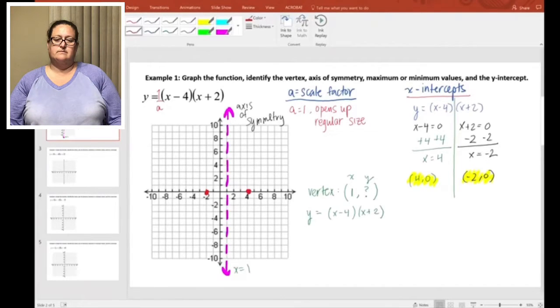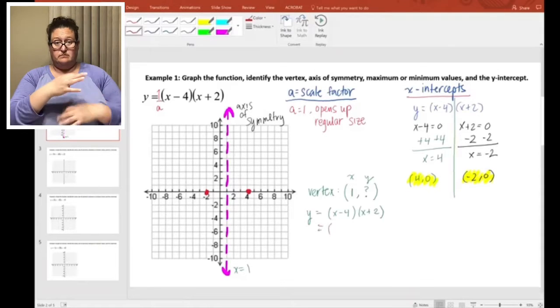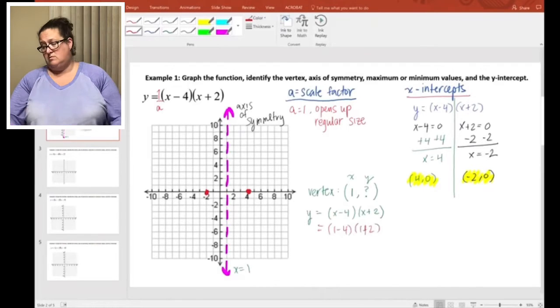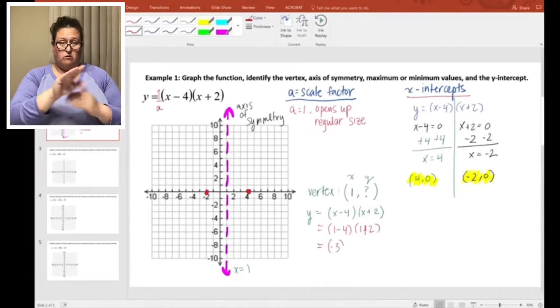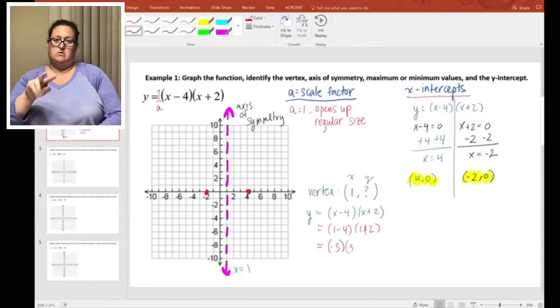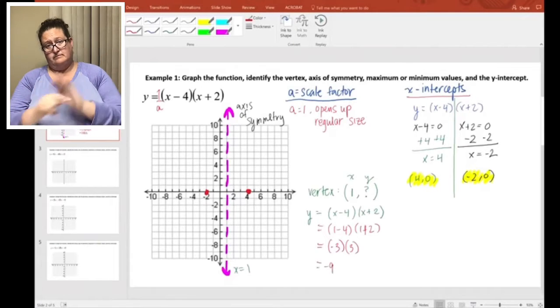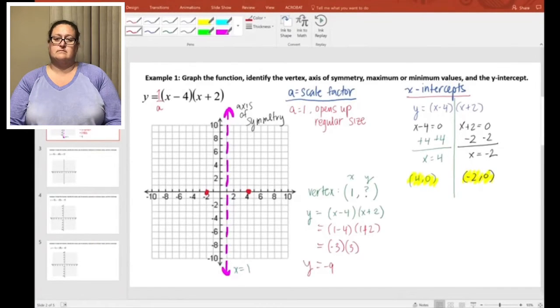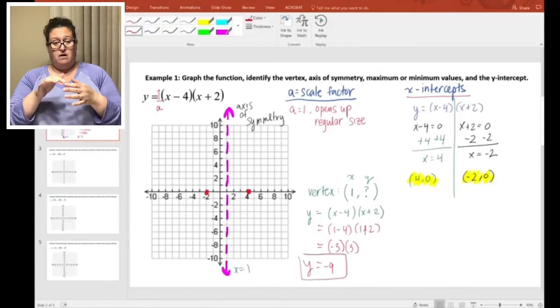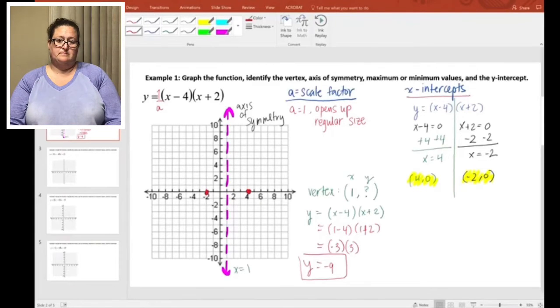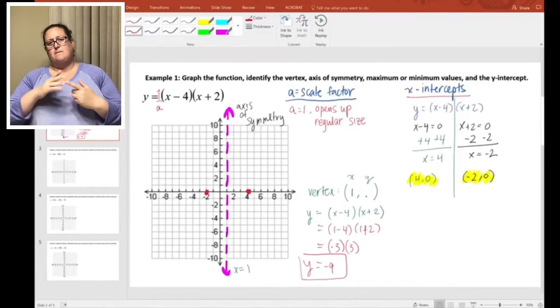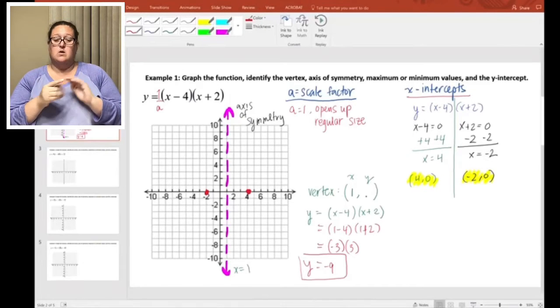Let's take the 1 and replace all the x's with 1's. 1 minus 4 times 1 plus 2. 1 minus 4 is -3, and 1 plus 2 is 3. -3 times 3 is -9. So the y value of my vertex is at -9. So let me go back to my coordinates. When x is 1, y equals -9.